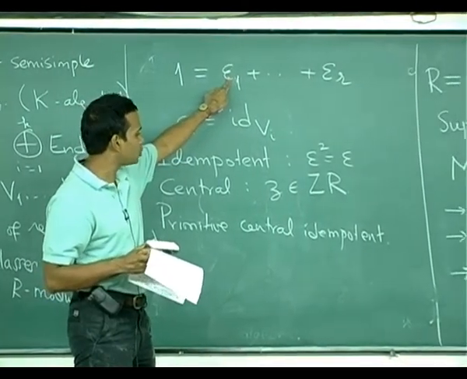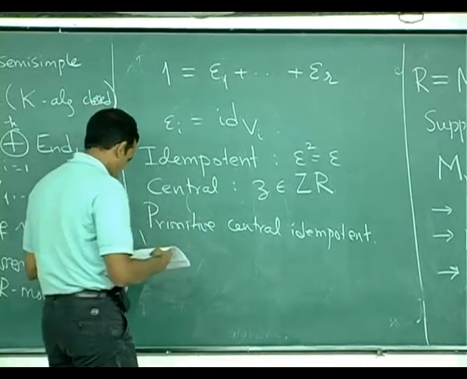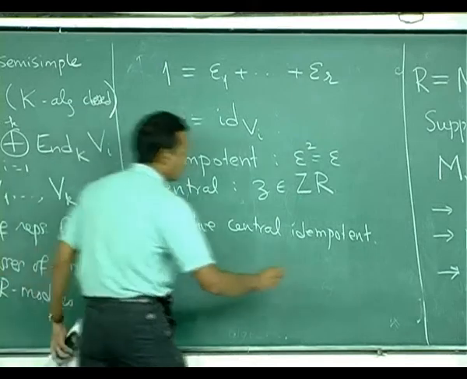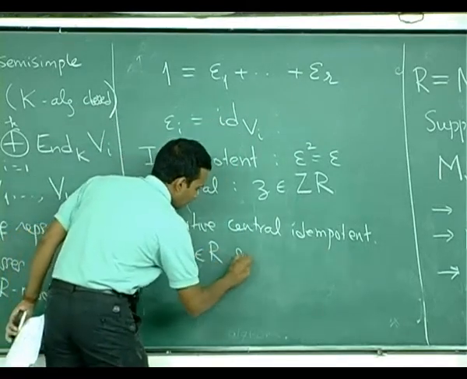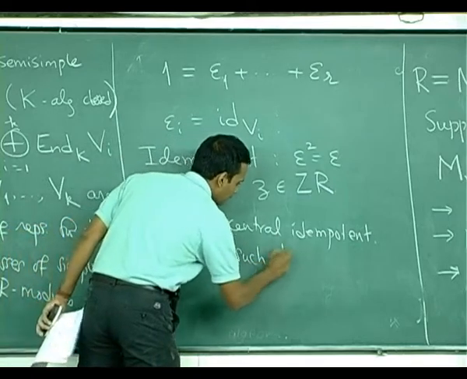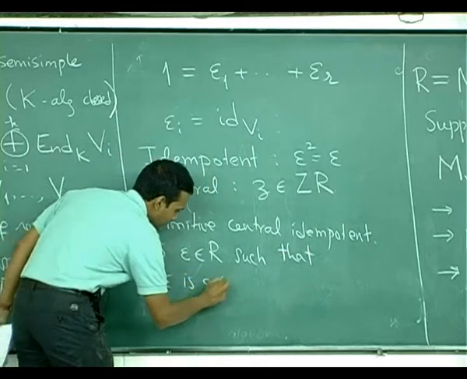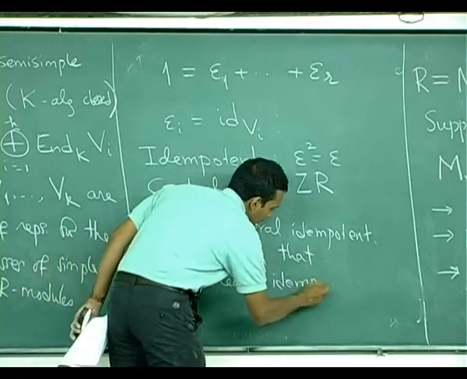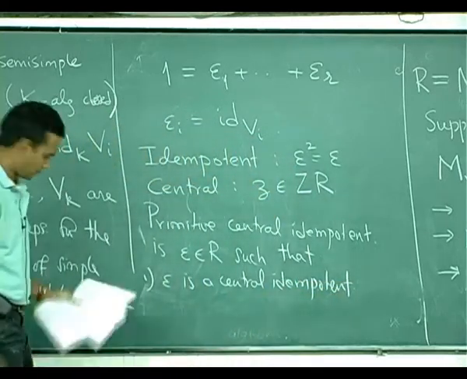And if you want an abstract characterization of them, then it is the following. It's an element epsilon which satisfies two things. Well, of course, one is that epsilon is a central idempotent. And the second is that you can't break it up further into central idempotents.